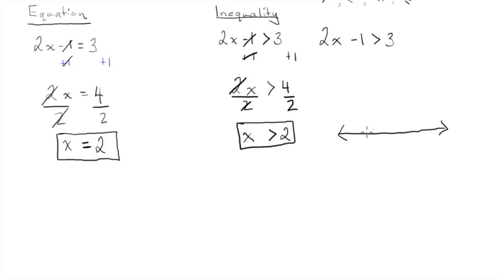If this were our number 0, and 1, 2, we're saying any number bigger than 2, not including 2, but anything to the right of 2, will solve our inequality. Or you could write your answer in interval notation, x is an element of the interval from 2 to infinity.